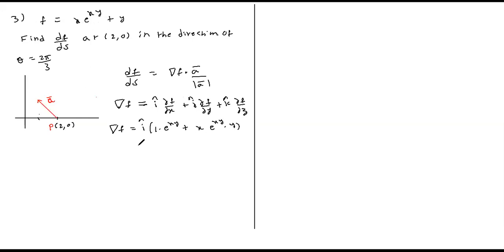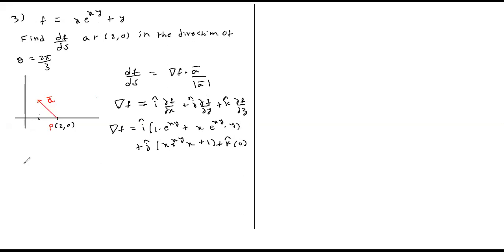Plus j into the derivative with respect to y: x e power xy into x, plus the derivative of y, which is 1. Is it okay? Plus k into dou f by dou z. There is no z variable, so it is going to be 0.